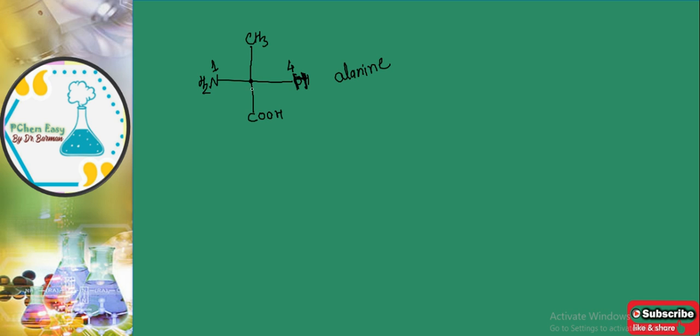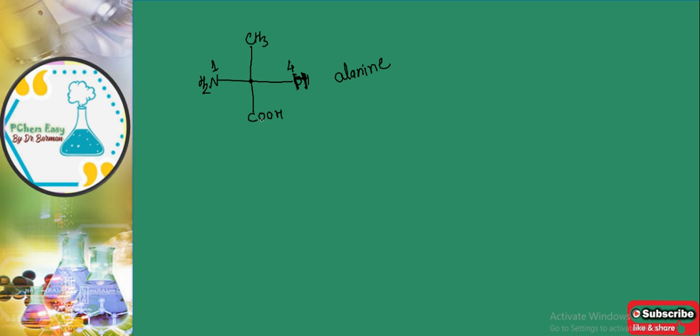Now here rule number 2 will be applicable. We will have to see the next directly attached atoms with this carbon. Here three hydrogens are attached. Here the carbon is attached with oxygen. In comparison to hydrogen, oxygen has atomic number 8, and hydrogen has atomic number 1.